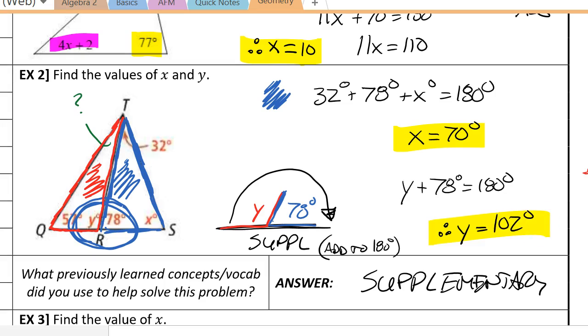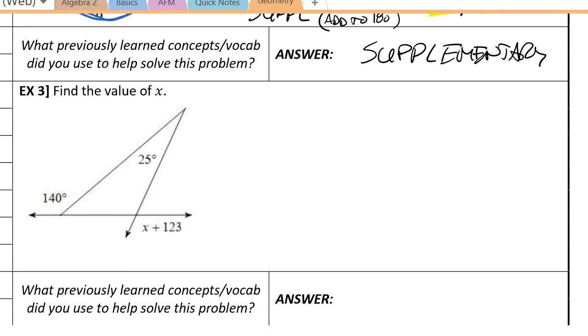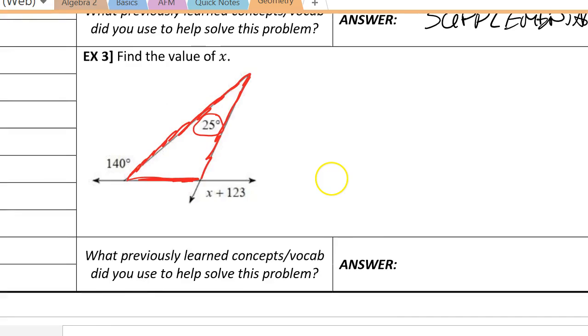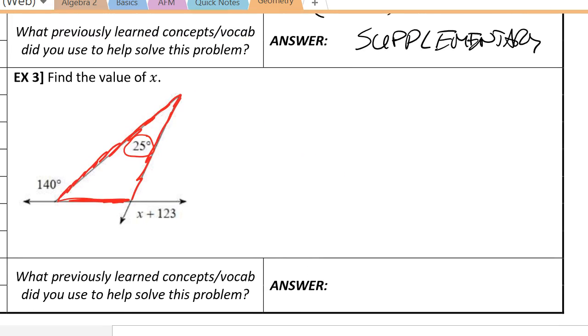We see how supplementary angles kept creeping into this particular problem. In example 3, we will see another former angle pair show its ugly head again. If I take a look at example 3 and try to highlight my triangle in red here, in terms of interior angles, I actually only know 25 degrees initially, but I can figure out the other two angles by first investigating the relationship which I'm highlighting in green.